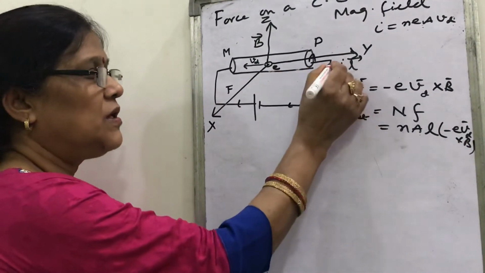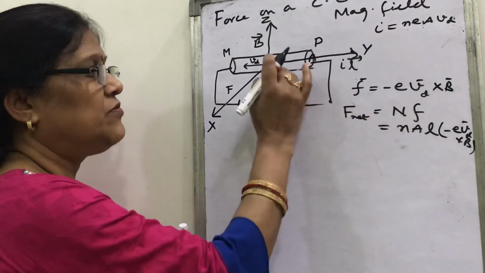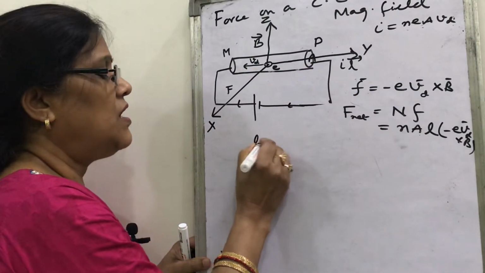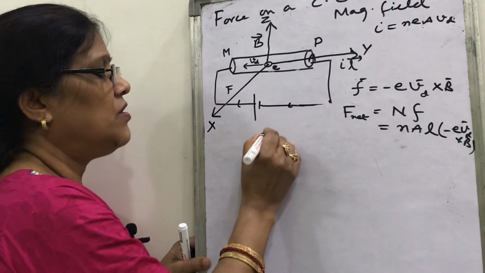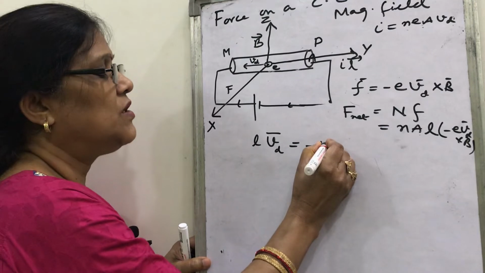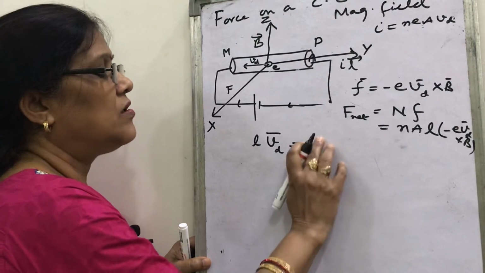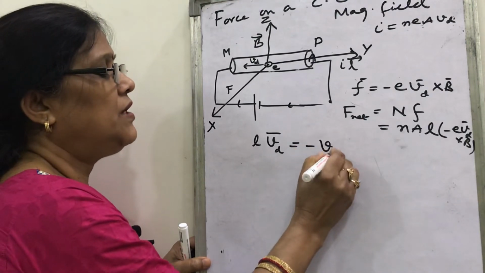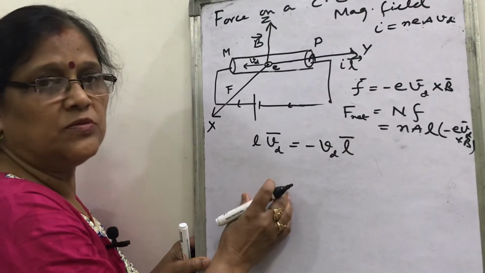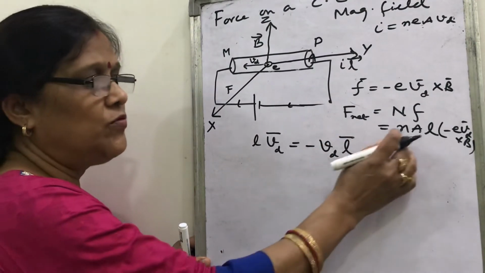Since I into L is in this direction and VD is in this direction, we can write that L VD can be written as minus VD L. We can assume that, and what will you do?